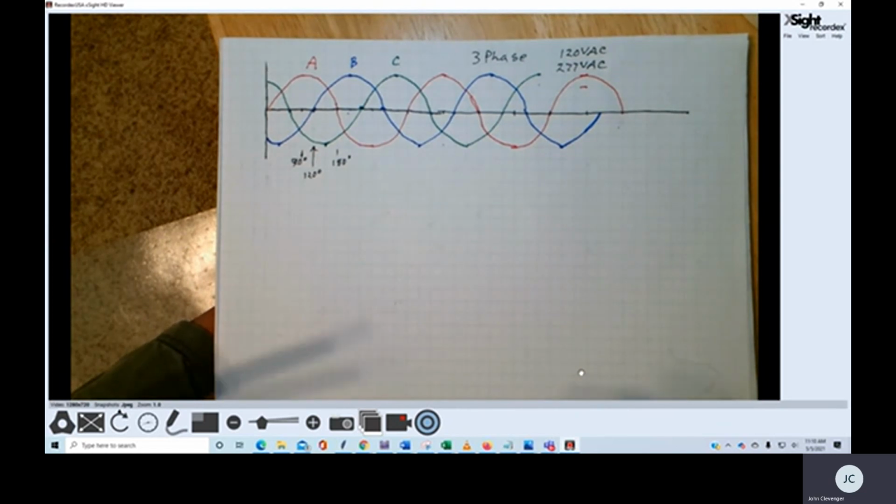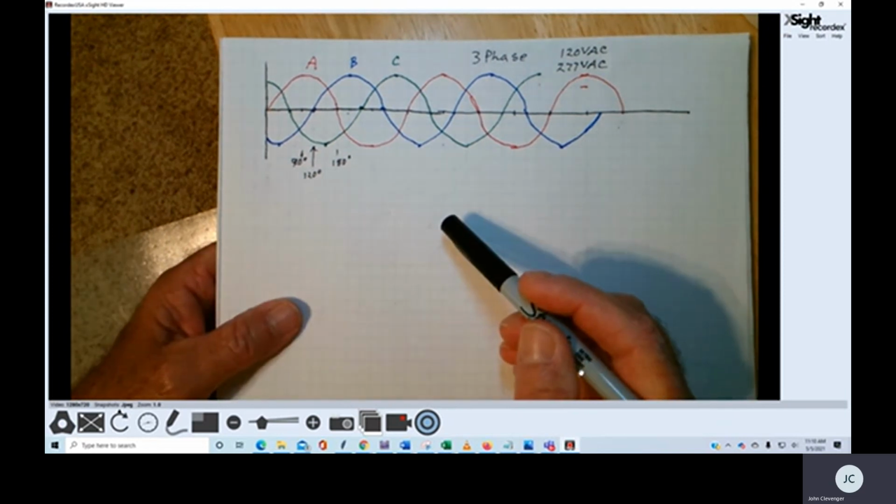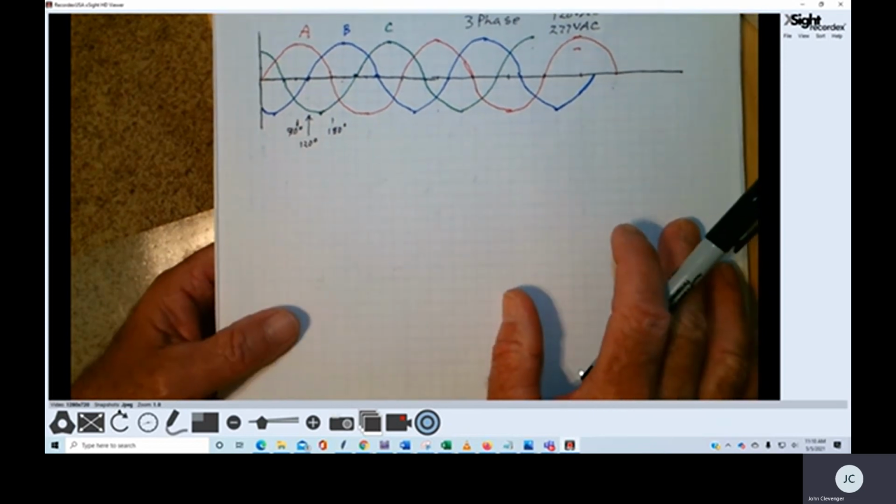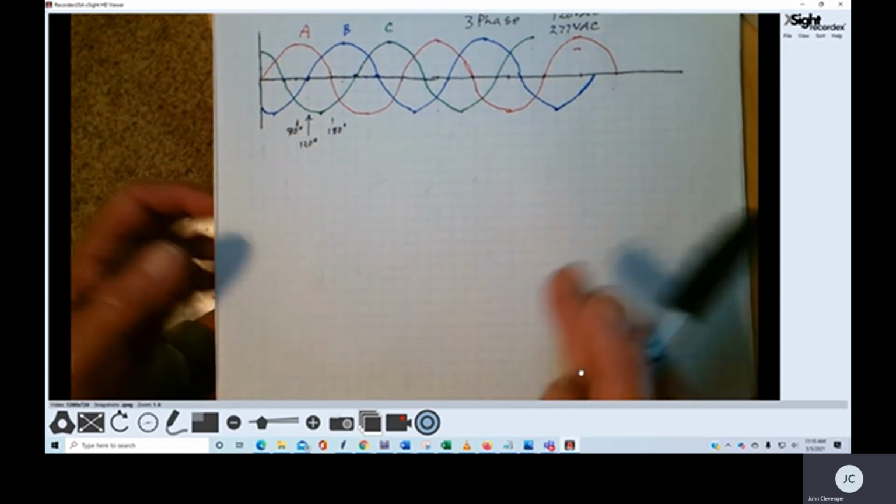Now, as you saw, it's somewhat difficult and perhaps even a little bit confusing to think about what's going on with these three phases of power by sketching out the sine waves.